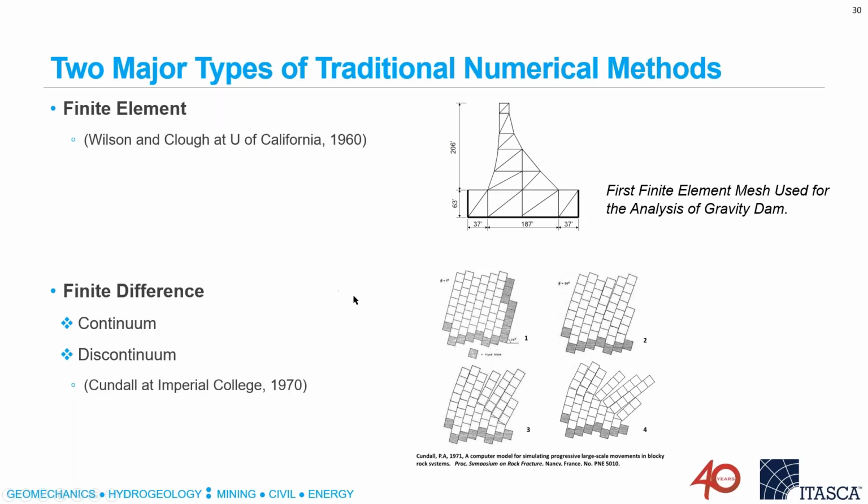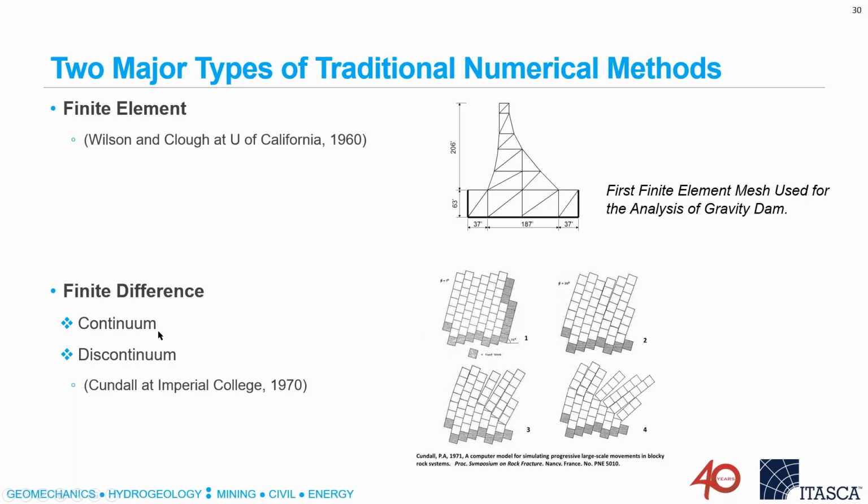About a decade later, Peter Cundall at Imperial College was working on slope stability problems and developed two finite difference models, a discontinuum model. So you can see on the right this block toppling model, which was the one that was being solved by the base friction model that I showed at the very beginning of this talk, and developed this model with rigid blocks, which eventually then became UDEC.